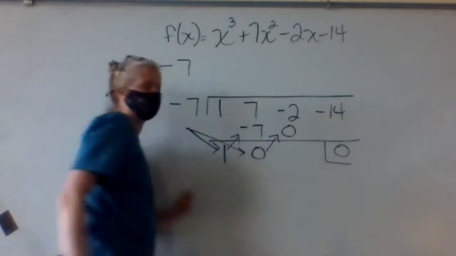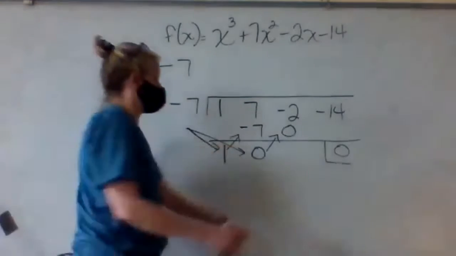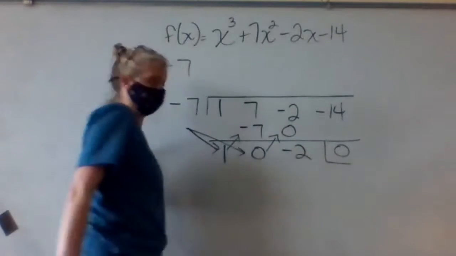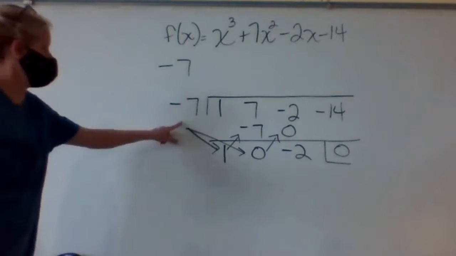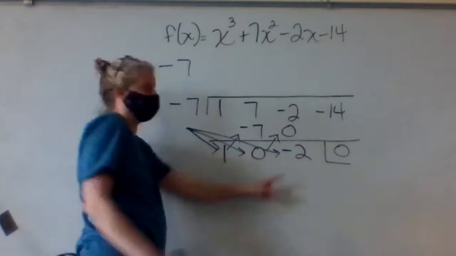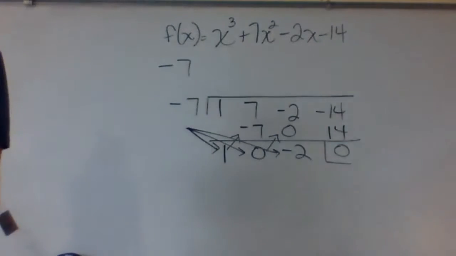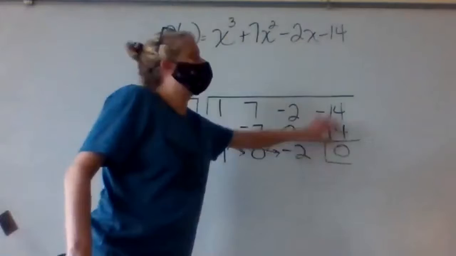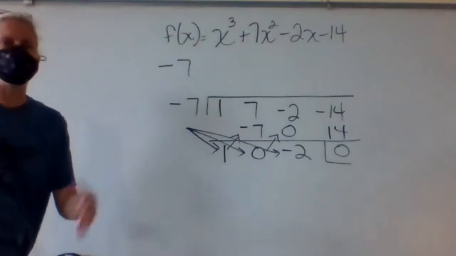Put your answer there, which is 0. And add this straight down. Negative 2 and 0 is negative 2. Negative 7 times negative 2 gives you what? 14. So you do get a remainder of 0. So that tells me negative 7 is definitely a zero. It told us it was.